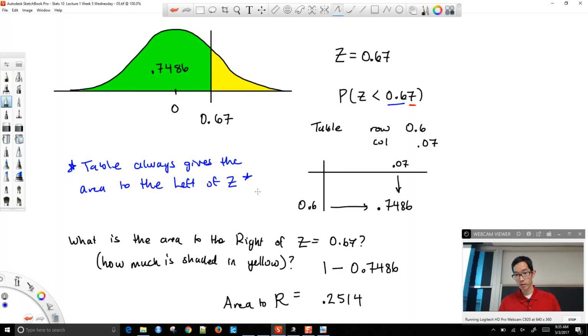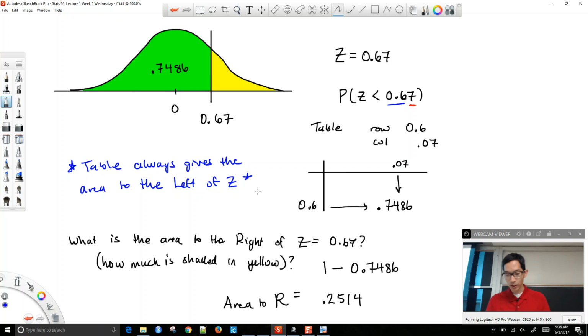Therefore, if you want the area to the right of z, you have to subtract that from 1. In fact, it says that right there on the table: cumulative probability for z is the area under the standard normal curve to the left of z.